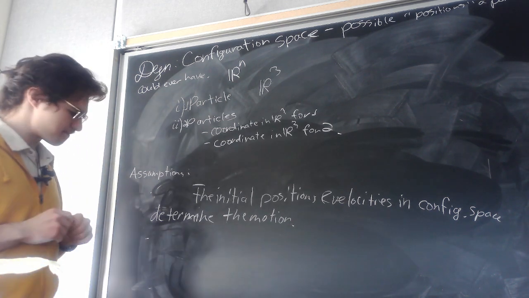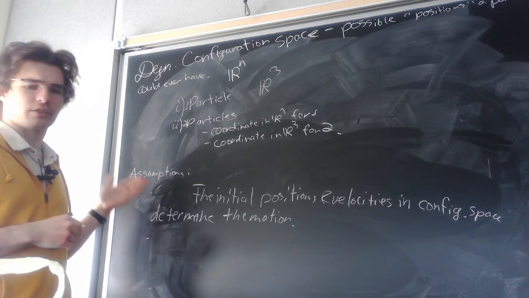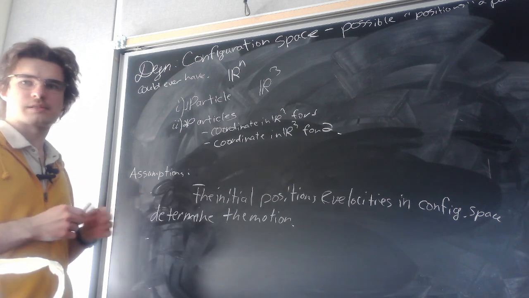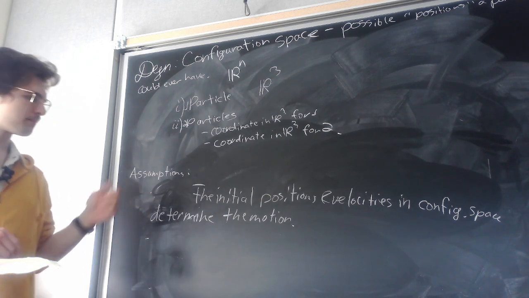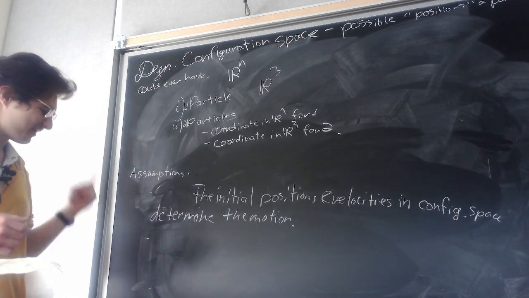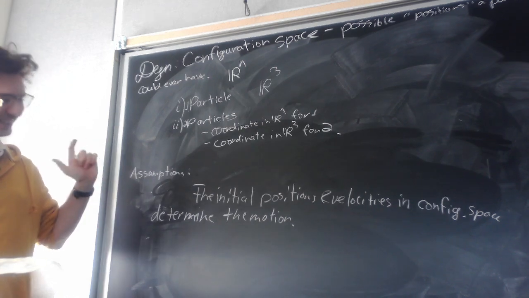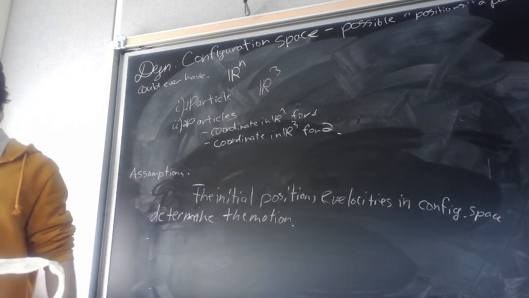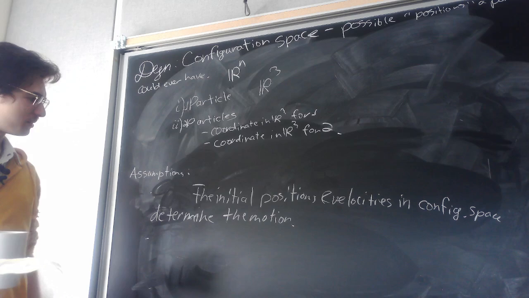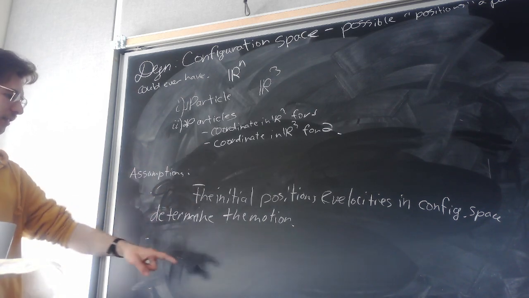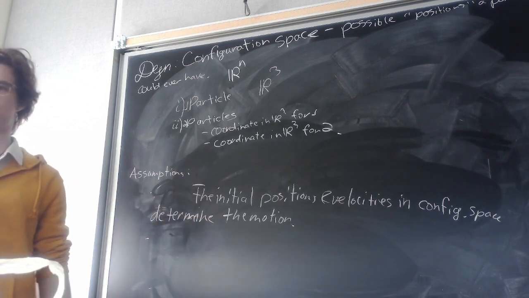And then the following question, after I say this, what are you going to ask me? Okay, sure, but the other thing you would ask me after reading the statement. No, read the statement. The initial positions and velocities in configuration space determine the motion.